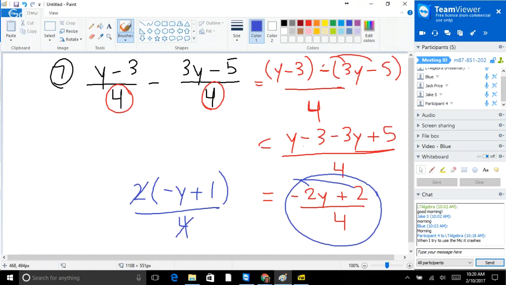And then 2 and 4 can kind of cancel each other out. So their solution is this. But as long as you get to here, that's the important part. Okay. Not too many of them have simplified. That particular one just was simplified, but not too many of them have that.